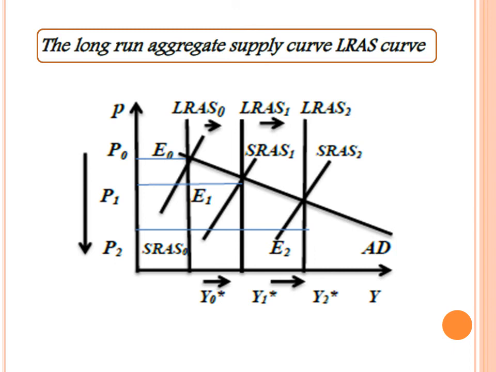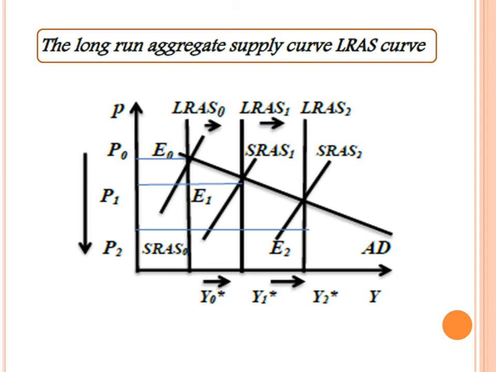The factors that affect the long run aggregate supply curve could be technological progress and an increase in the supply of labor and capital. These factors, or increased efficiency of using factors of production, lead to economic growth.